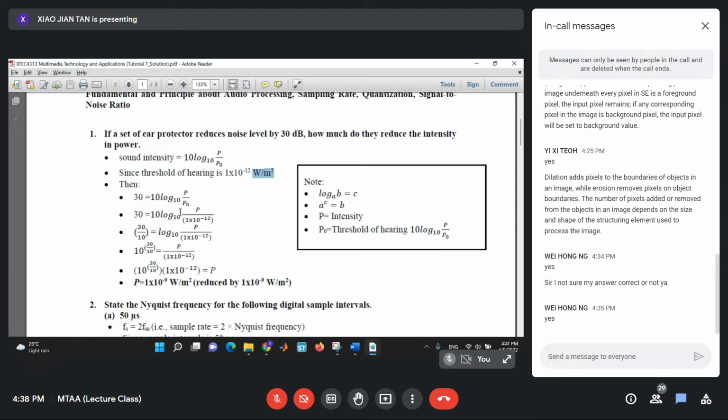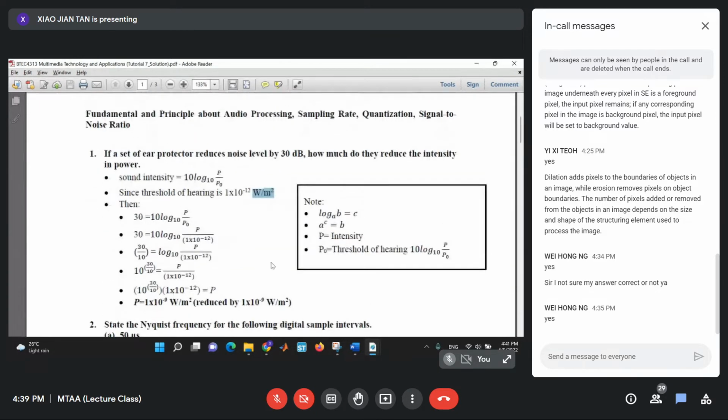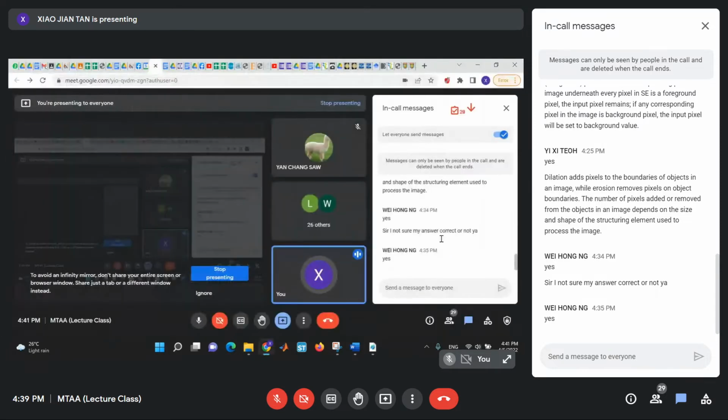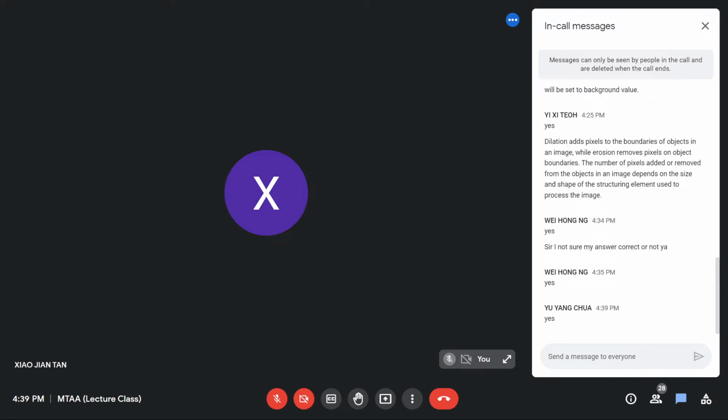The second one: state the Nyquist frequency for the following digital sample intervals. You have A and B. Maybe anyone can share the answer for both. Let me unshare my screen. Chua Yu Yang, let me check the poll.